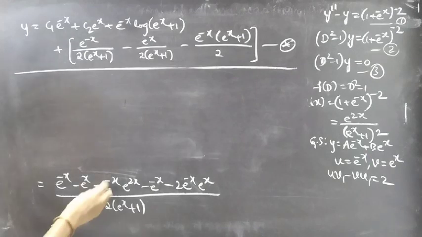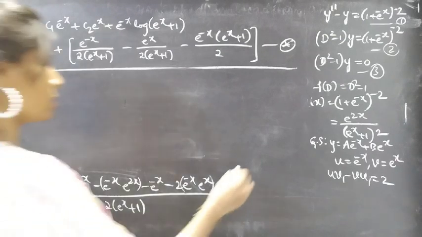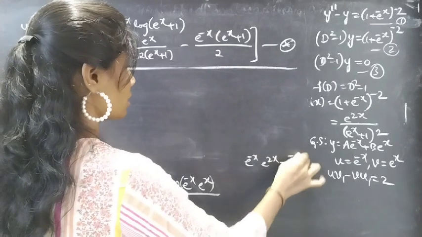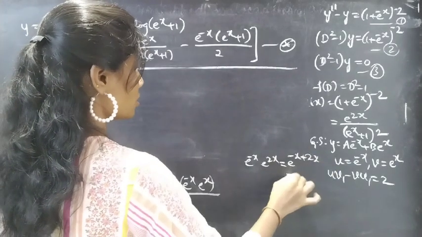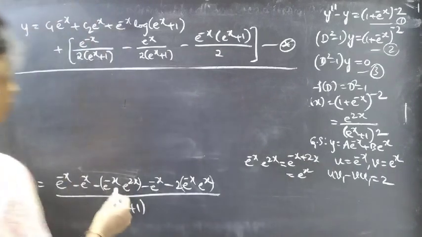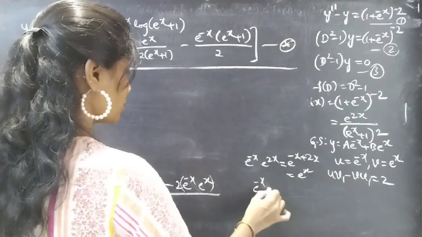See, here we are having e^(-x) into e^(2x), and e^(-x) into e^x. Let's simplify that. e^(-x) into e^(2x) is equal to e^(-x + 2x), which is e^x. So you can replace it with e^x. And here you're having e^(-x) into e^x.